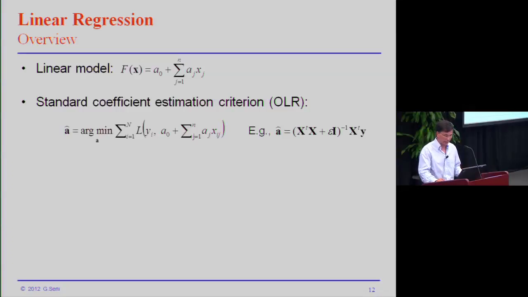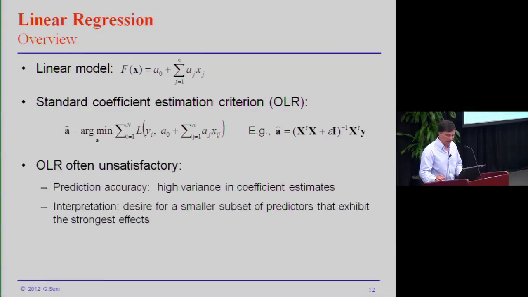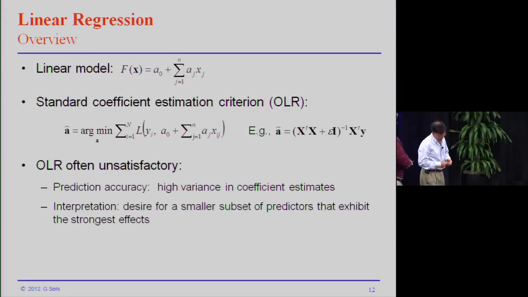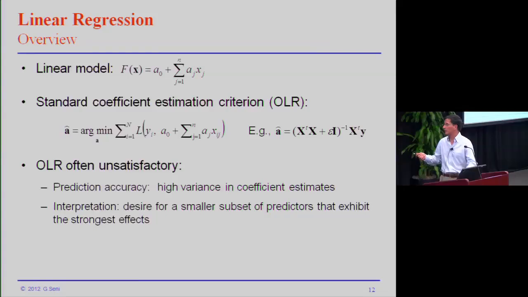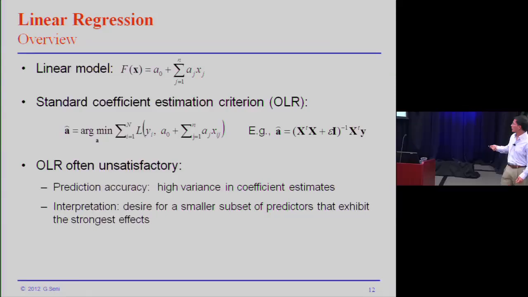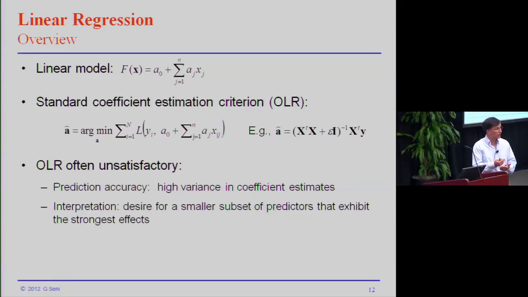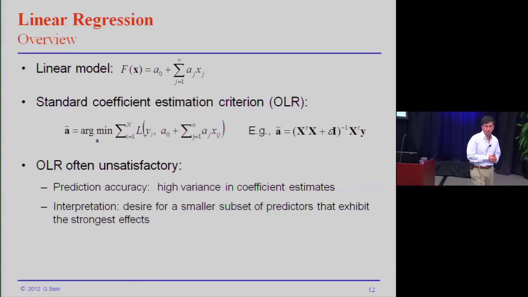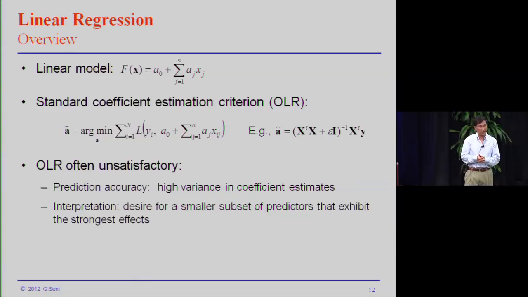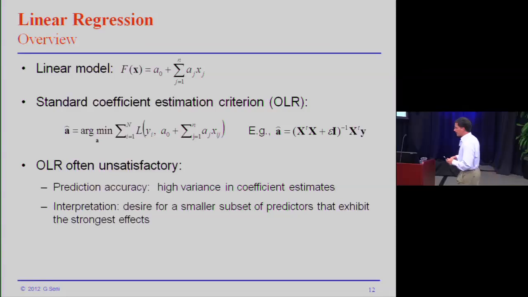However, there are at least two problems with this ordinary linear regression solution that make it often unsatisfactory. One is prediction accuracy, the issue of high variance in the coefficient estimates, and the other one is interpretation, right? This desire that we have for identifying a smaller subset of predictors that exhibit the stronger effects in the connection between the inputs and the outputs.